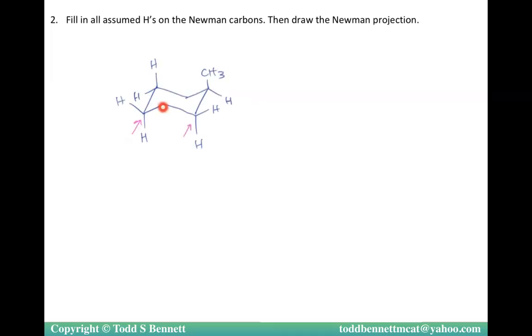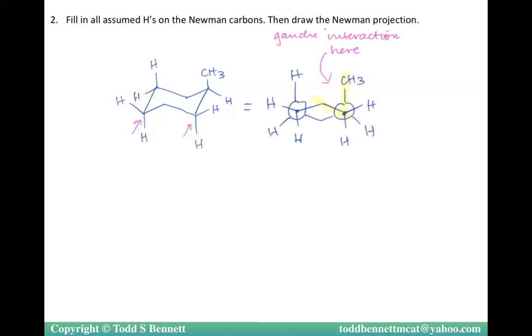So again, I'm going to look a little more carefully at all these interactions. So just going to focus on these carbons and these carbons. Going to ignore the middle ones just for the time being. So again, I want to emphasize the Newman projection that we were drawing had CH3 in back, check, had H in back, check, had H in front, check, and had H in front, check.